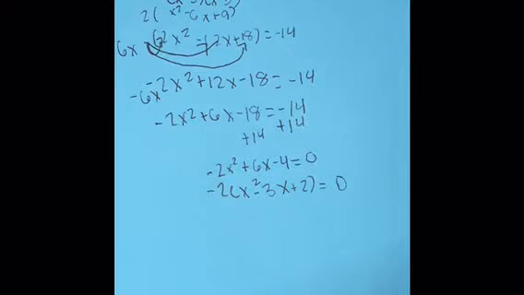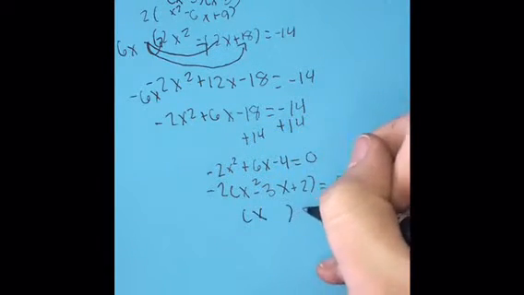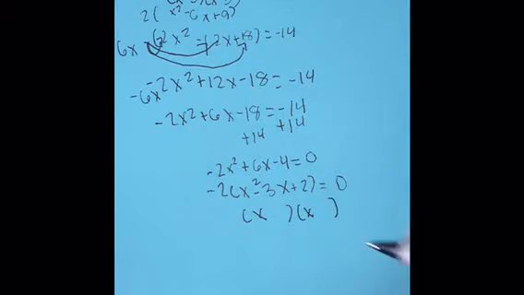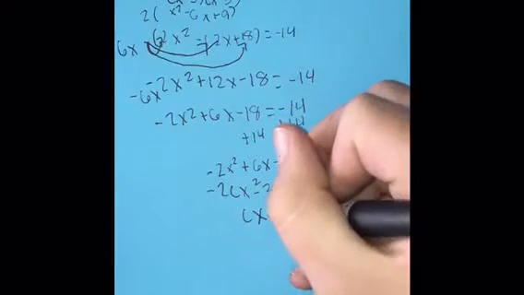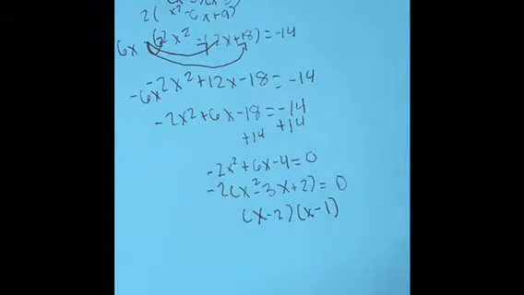So now I can factor even further. I need to find two terms that multiply to get 2 and add to get negative 3. These terms are negative 2 and negative 1. Now that we have factors, we can easily determine what the x's of our solutions are going to be.